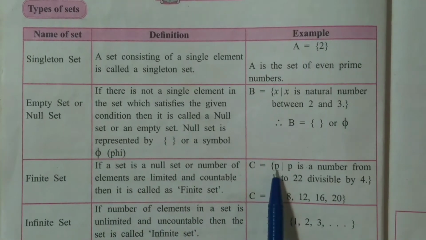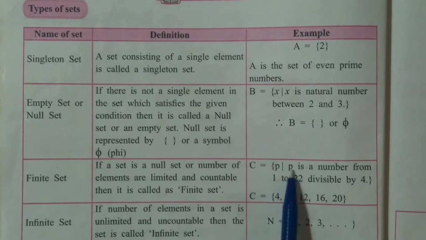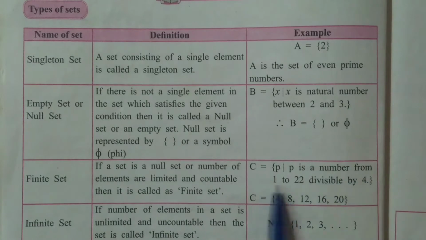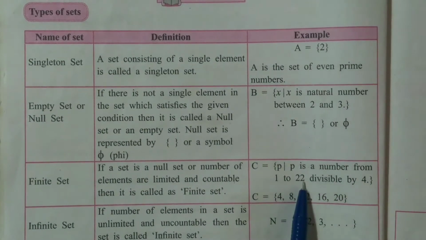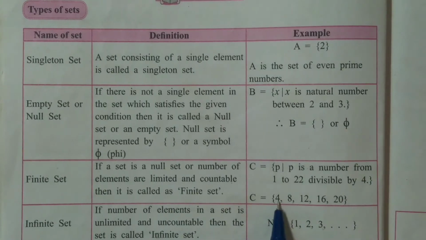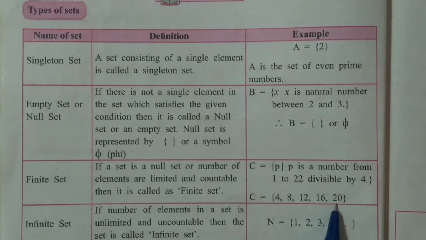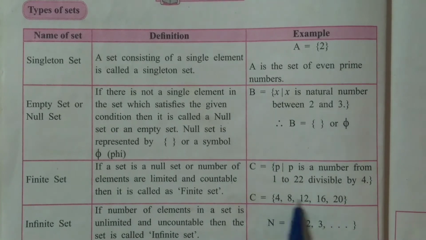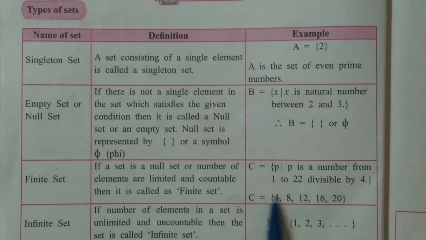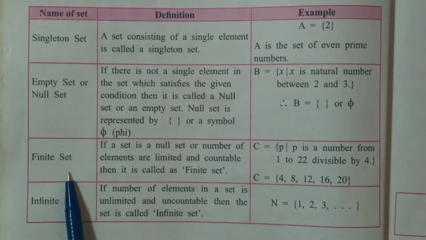For example, C is the set of all p such that p is a number from 1 to 22 divisible by 4, that are 4, 8, 12, 16, 20. We can count them: 1, 2, 3, 4, 5. They are finite. So this is a finite set.